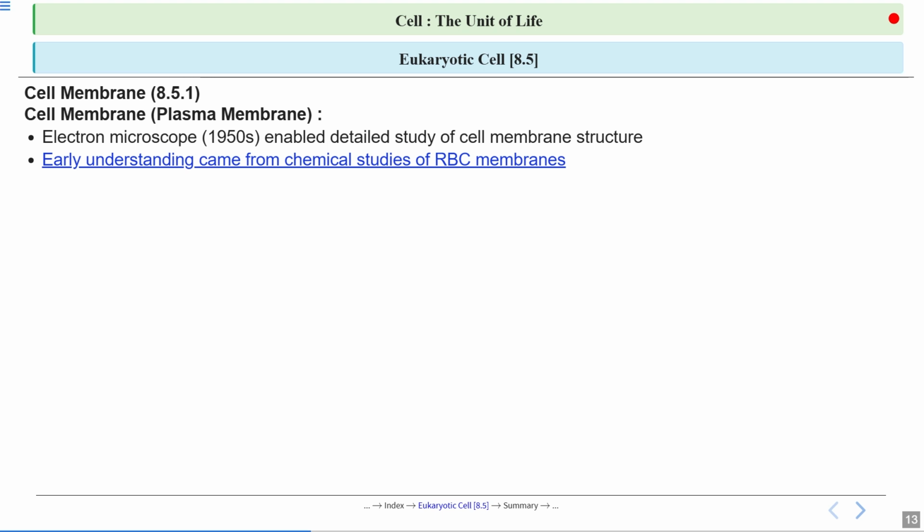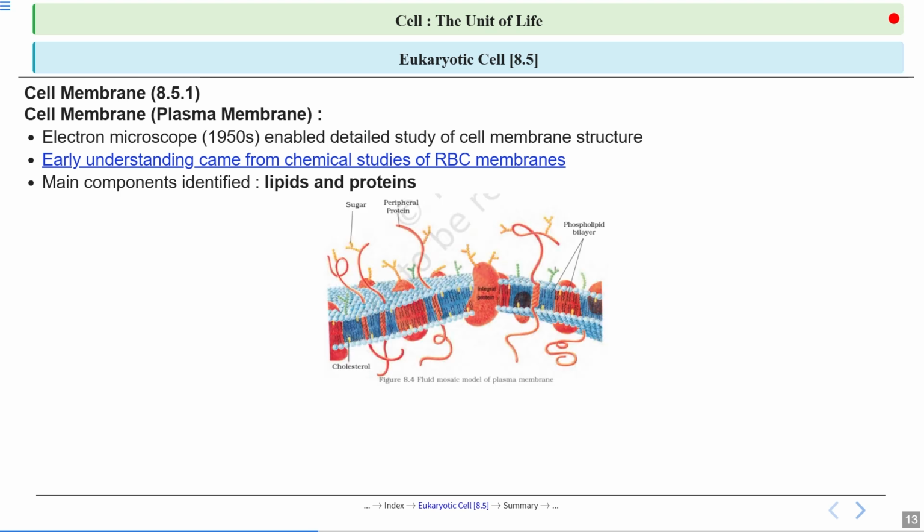Early understanding of the plasma membrane structure came from the chemical studies of the red blood cell membrane. Now, the main components identified were lipids and proteins. So it was believed that the plasma membrane consisted of lipids and proteins.